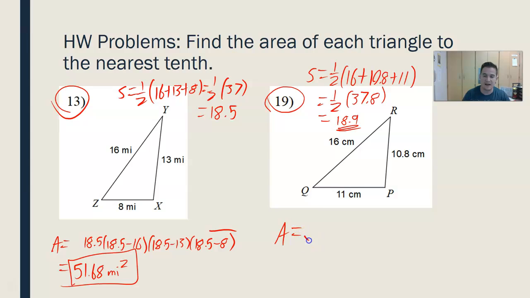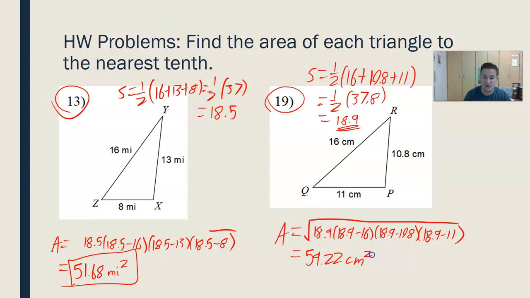So then plugging that into Heron's formula, the area is the square root of 18.9 times 18.9 minus 16 times 18.9 minus 10.8 times 18.9 minus 11. Plugging that all into my calculator, 18.9 parentheses 18.9 minus 16, 18.9 minus 10.8, 18.9 minus 11, I get 59.22 centimeters squared as the area of that triangle.